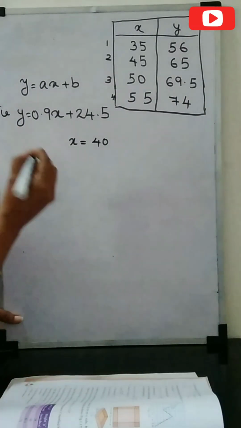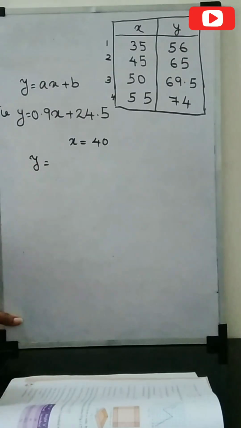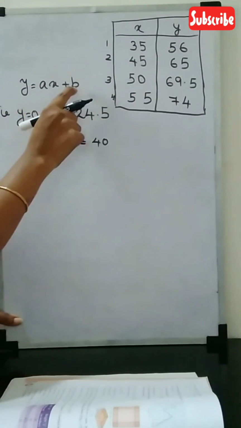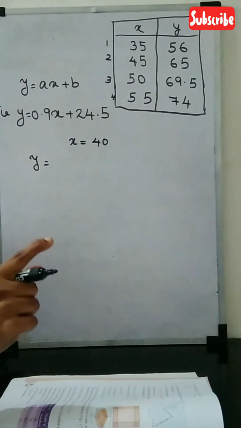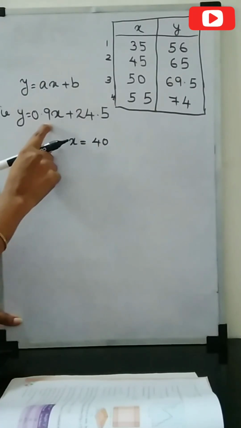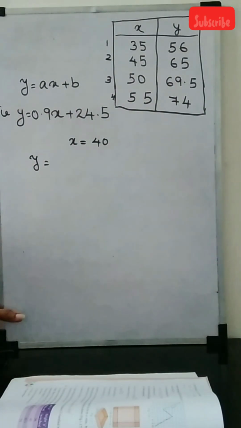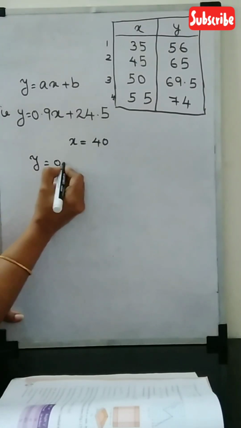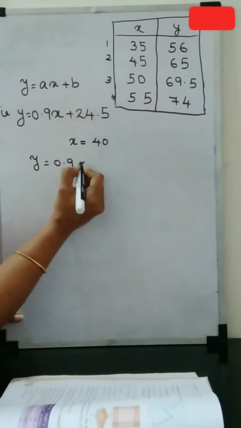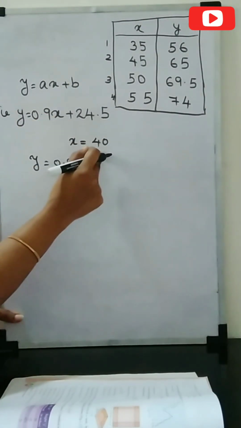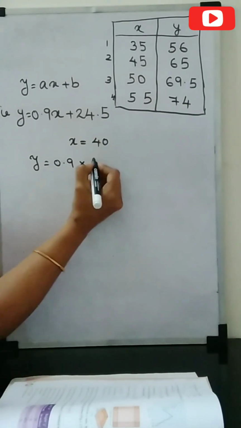Okay, so we know y is equal to ax plus b, and we have already found the values of A and B. A is 0.9 and B is 24.5. So here y is equal to 0.9 multiplied by x. What will x be? Here they have given x as 40.